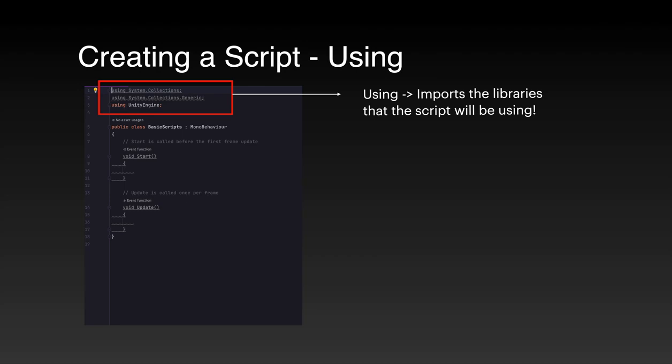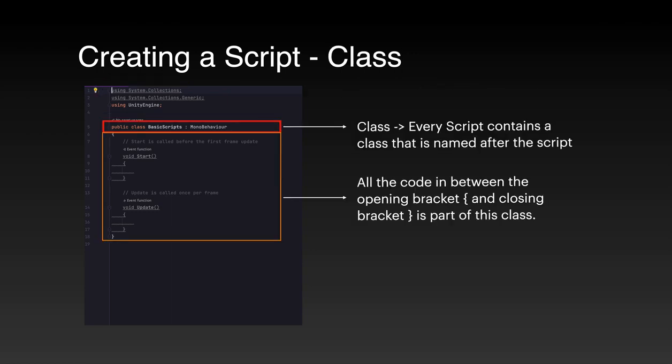The first part is importing the types of libraries you want to import. The second part is the class. You see public. Public means it can be accessed by other scripts or other classes. Later on, we will talk about how to access other classes.